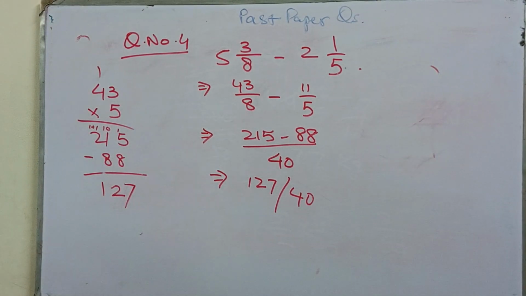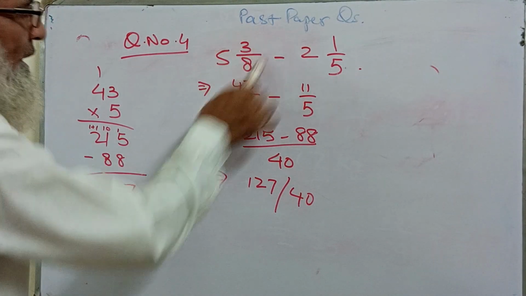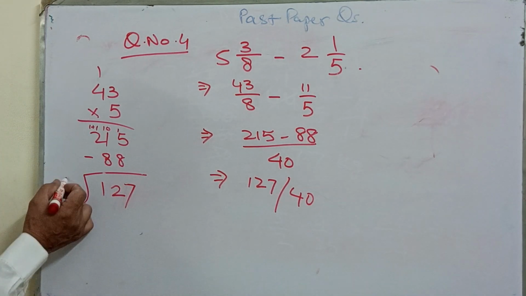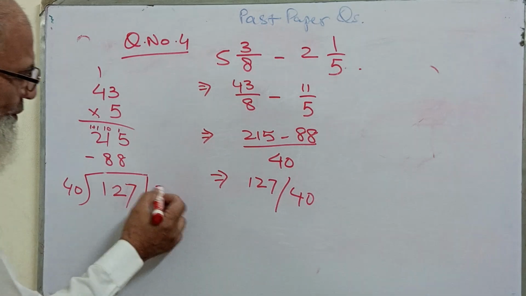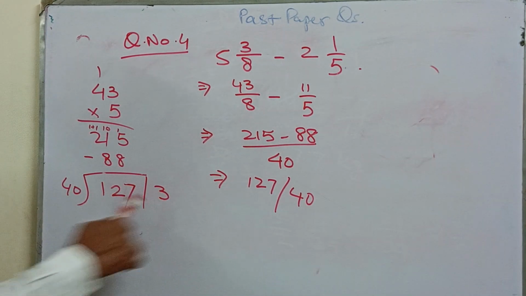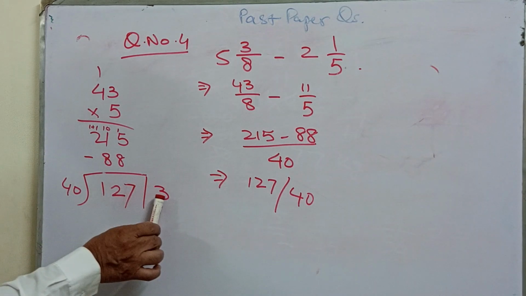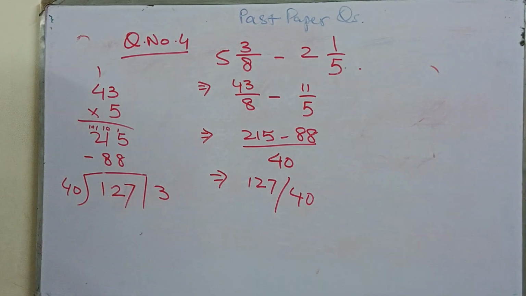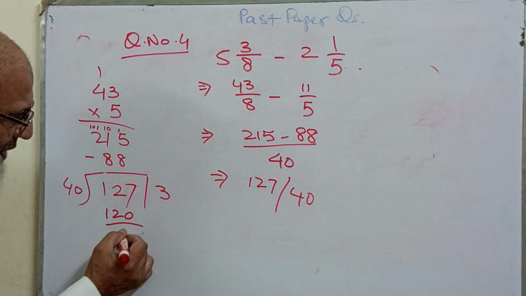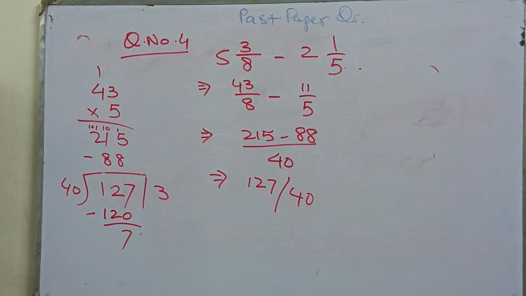Now since our question was written in mixed fractions, I have to write this answer as a mixed fraction. 40 times 3 is 120, so it is divisible.